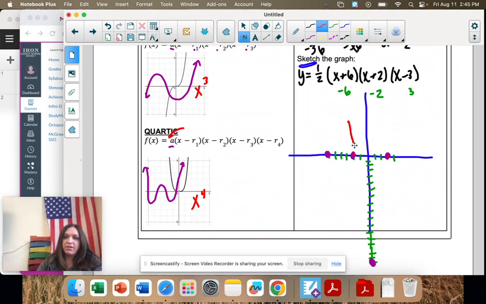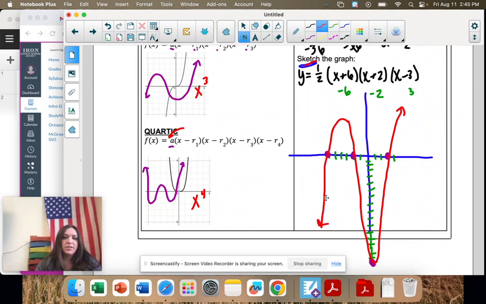So I know the graph comes down like that. And the only thing I don't know from our function is how high this goes. I have to come back down through that point. So if you wanted to figure that out, you would have to plug in points between here to get a better idea. I'm just going to sketch it and go back down right there. That's a general idea of what this graph looks like.